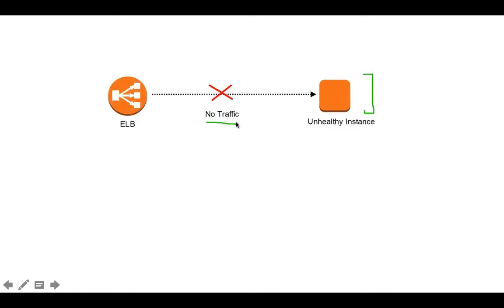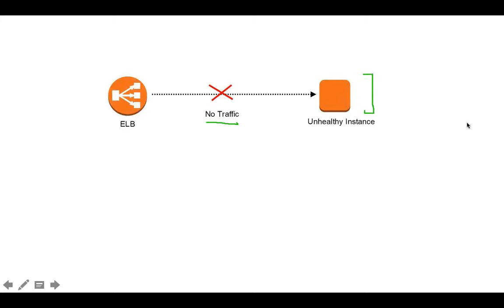I'm cutting the flow of the traffic to you. Now you might be wondering, okay, we can sense that load balancer will get to know this instance is unhealthy and it will stop sending the traffic to it, but how will it benefit us? The benefit that we'll get from this is that the user will never reach this instance.